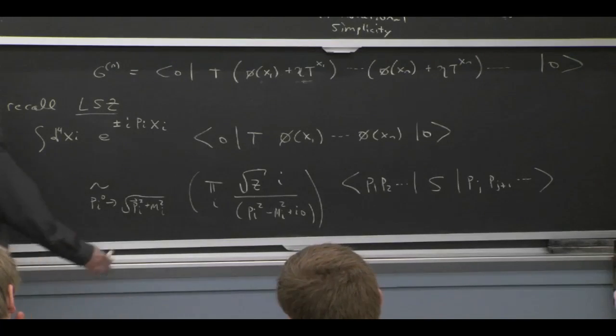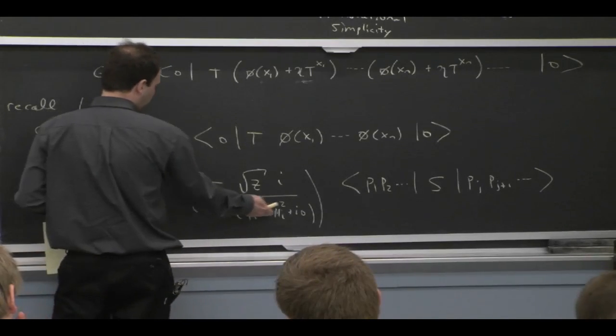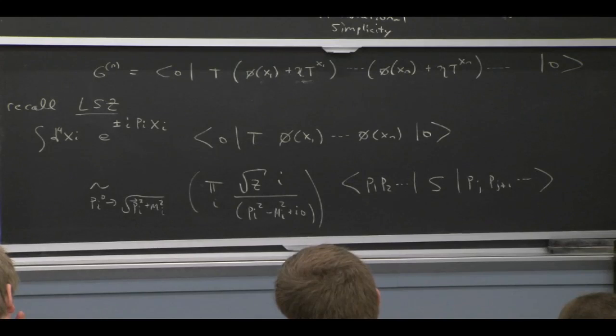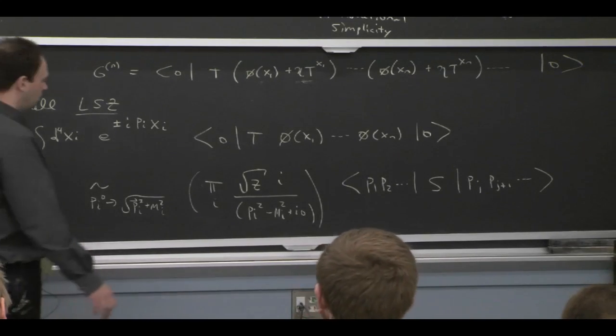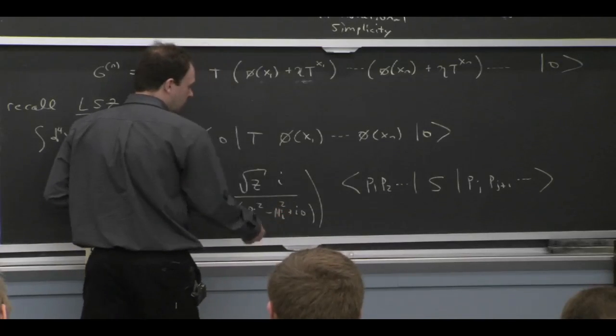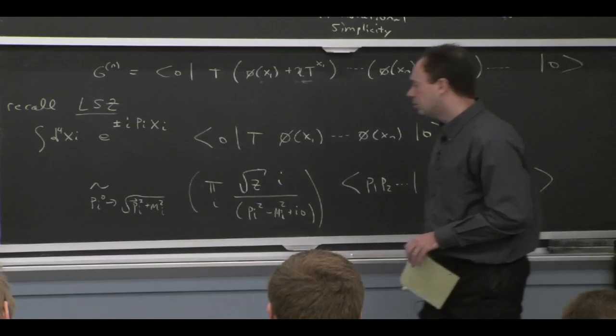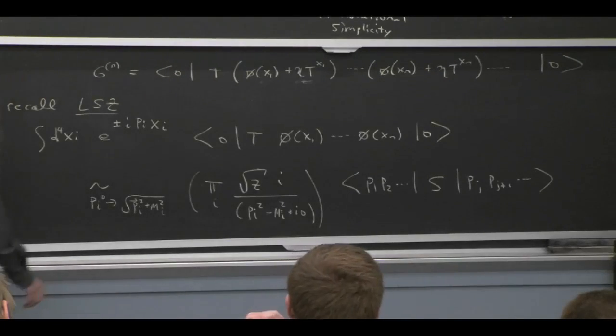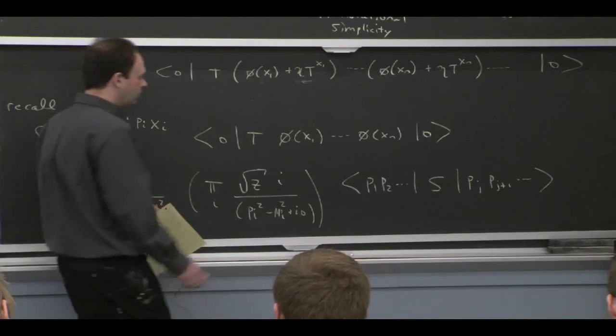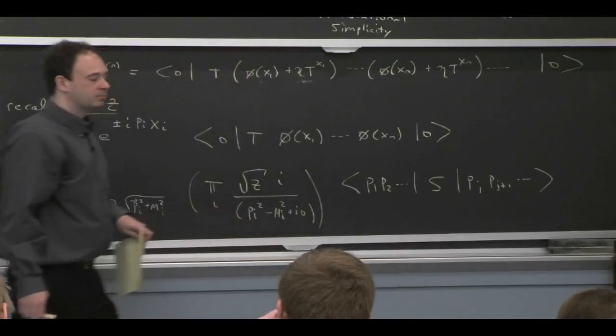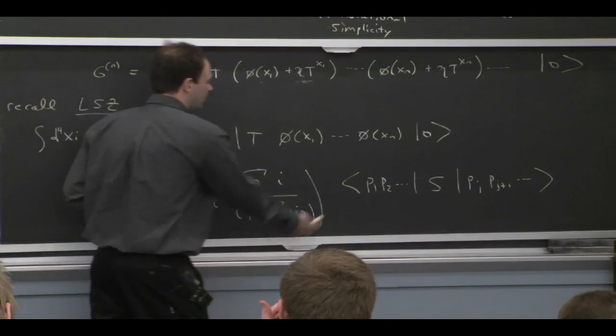So this is a product over all particles. We really need a pole in all the different cases, for all the external particles. If I wanted to make this an equality, I'd say plus dot dot dot. There are other terms, and the thing that's observable is the coefficient of these poles, not the z, but this thing.